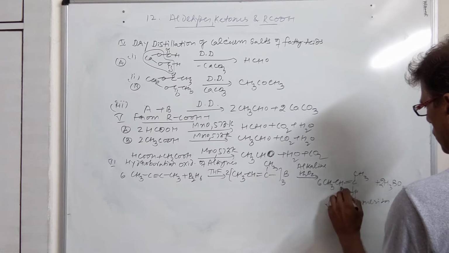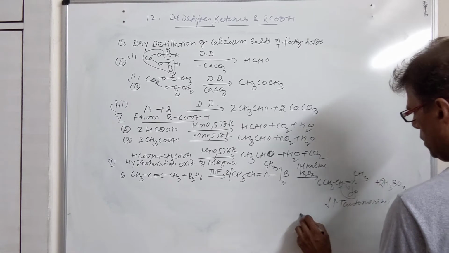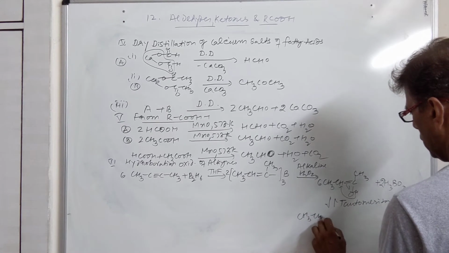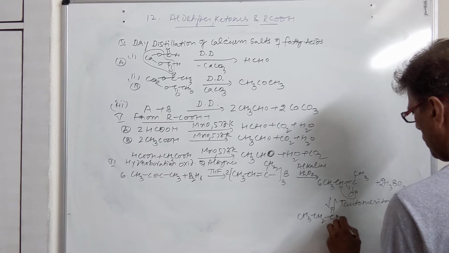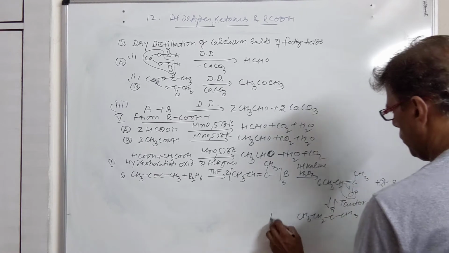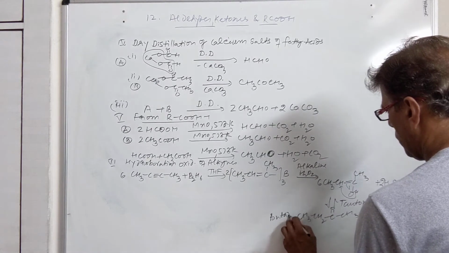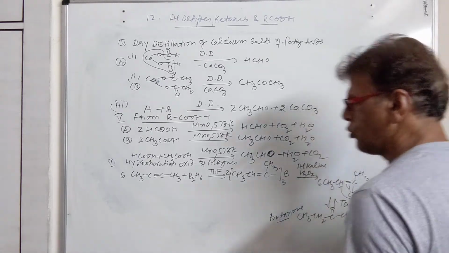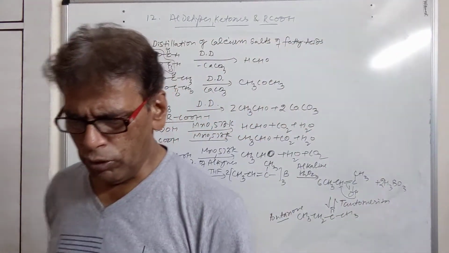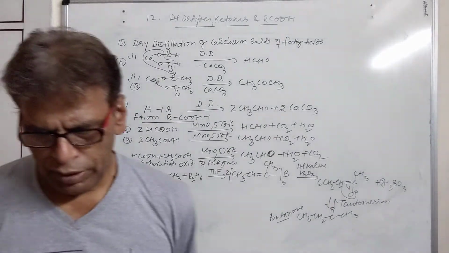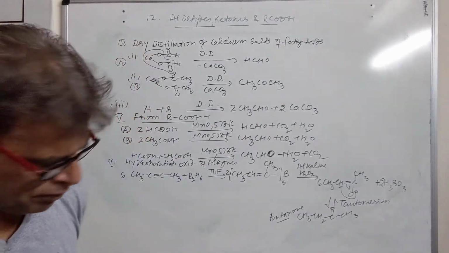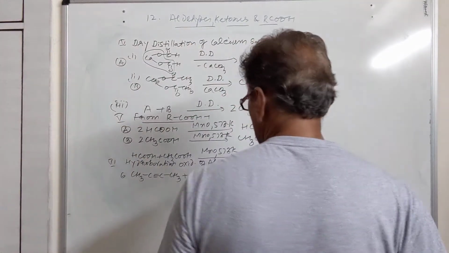This hydrogen will go to this carbon and the double bond will shift in this direction. We get a ketone. This is your butanone. So this method is used to prepare only ketones. It is not suited to get the aldehyde by this method.